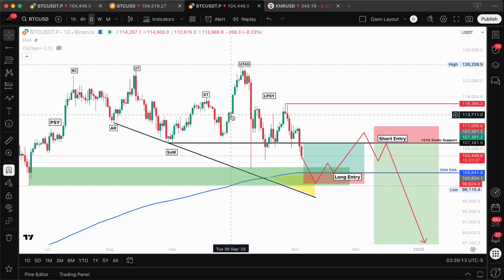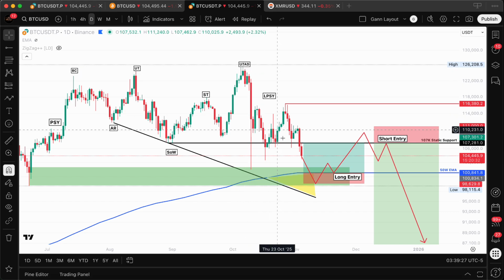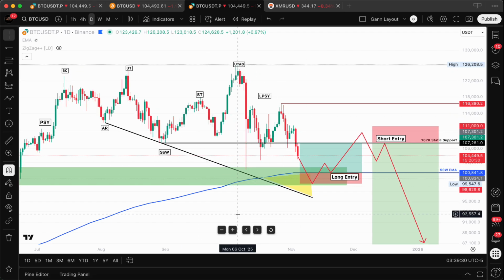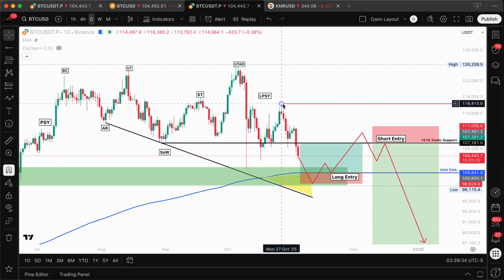I think that the distribution process is complete, and I hold really almost no hope of a new all-time high. Regardless, because I am short from 124k, I want to buy insurance for my position because I am trailing the stops and I didn't take profit, and I will not take profit until Bitcoin reaches 75k.